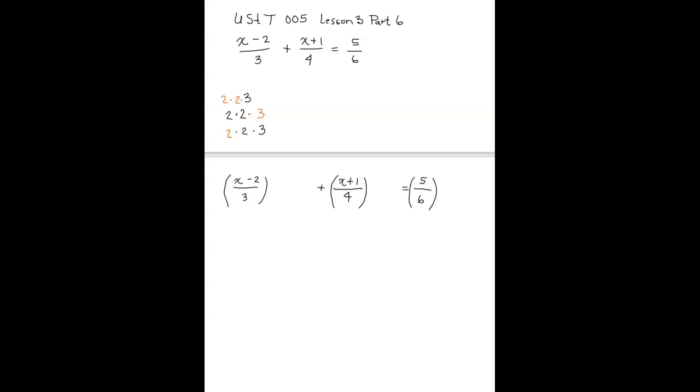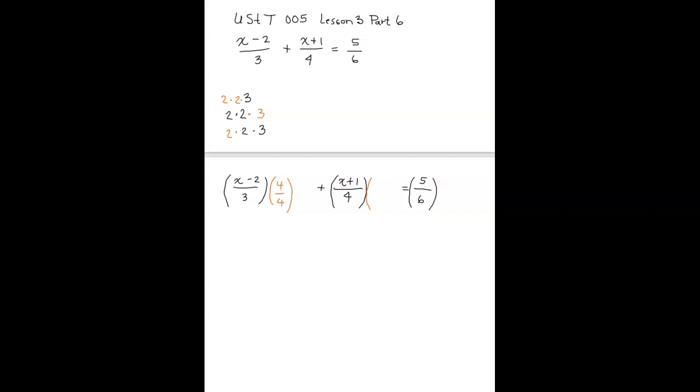And now I'm going to go back and multiply by what I just figured out I need to multiply by. So in this first case, I need 2 times 2, which is a 4. So this is going to become a 4 over 4. All right. Here I already got the 2 times 2, so that's 4 right there. I need a 3 in order to make that become the same number.